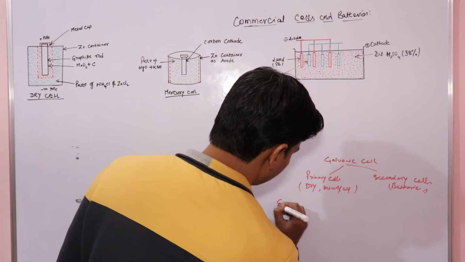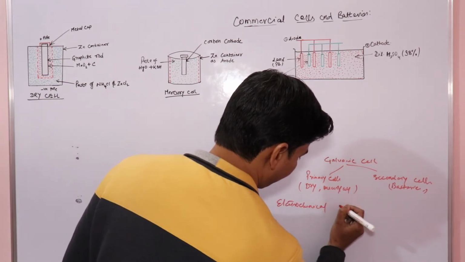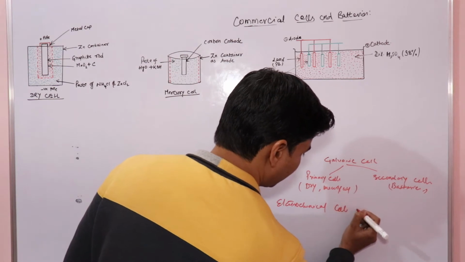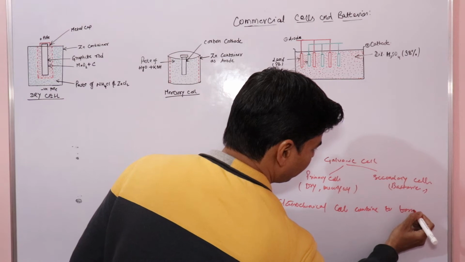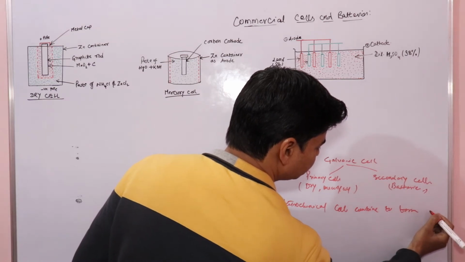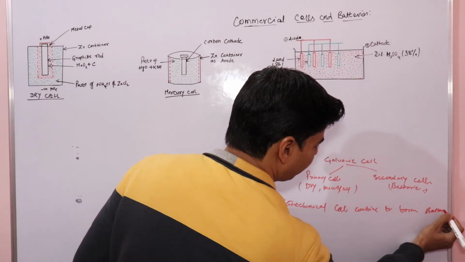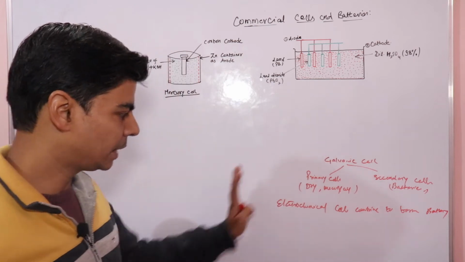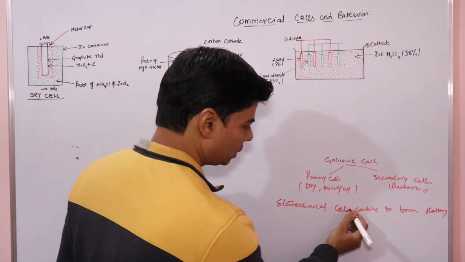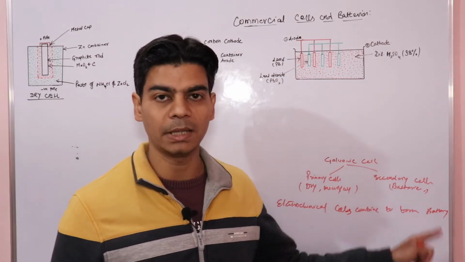So electrochemical cells combine to form a battery, and these cells work together to produce electrical energy in the battery.